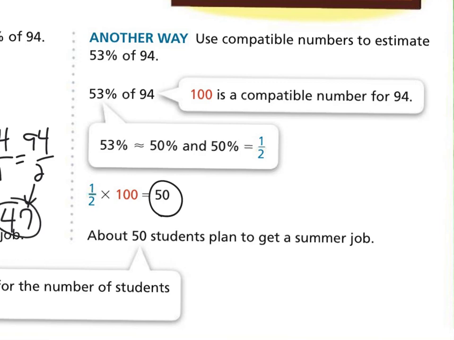We took 53% and we rounded it down to 50%. So if you round the one part down and the other part up, that might compensate and give you actually a closer answer. Then if we round both of them down, that's for sure going to be an underestimate. It's going to be a lower answer than what the actual is if we round them both down. If we round them both up, we're going to get an overestimate.